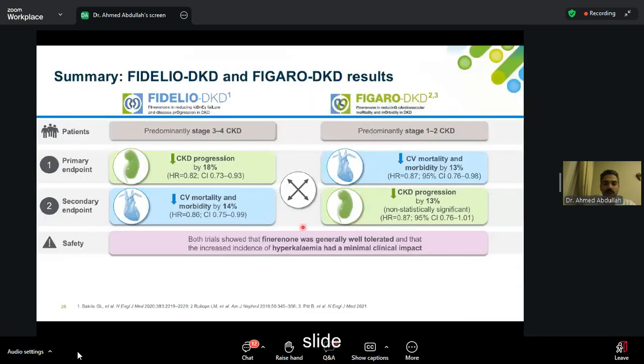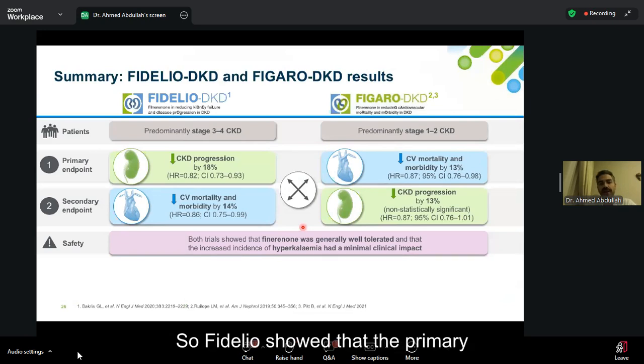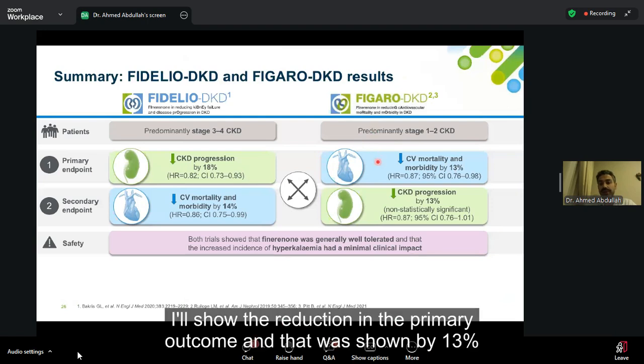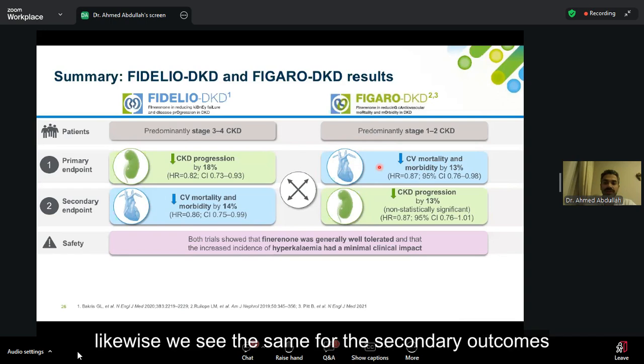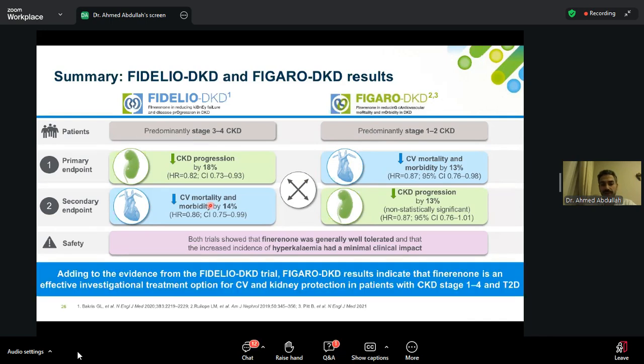And just one slide, just to remind ourselves of Figaro and Fidelio. Fidelio showed that the primary outcome was achieved with a reduction of 18% for CKD, and likewise, Figaro showed a reduction in the primary outcome, shown by a 13% reduction in risk of cardiovascular mortality and morbidity. And likewise, we see the same for the secondary outcomes. So both trials had very good outcomes.